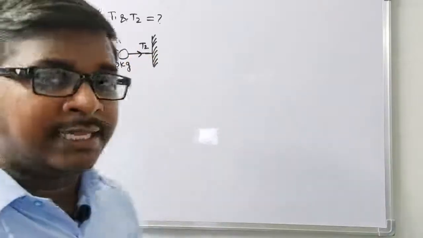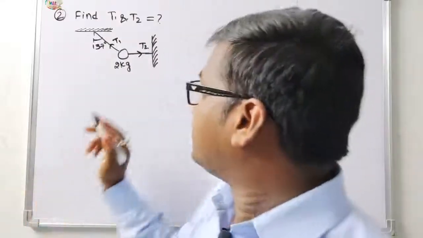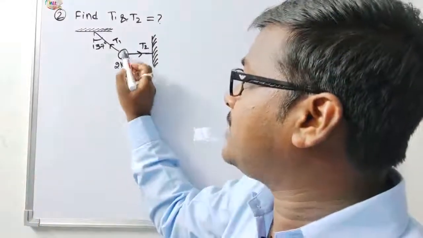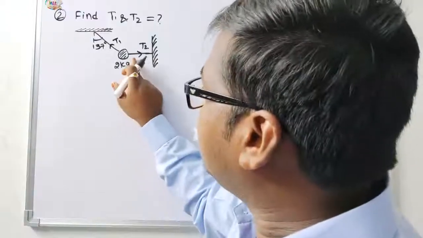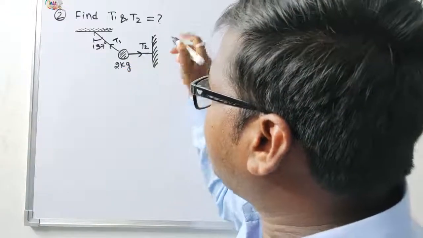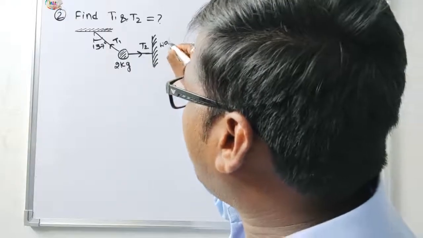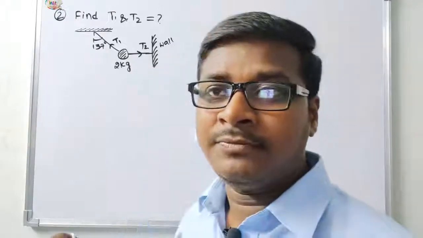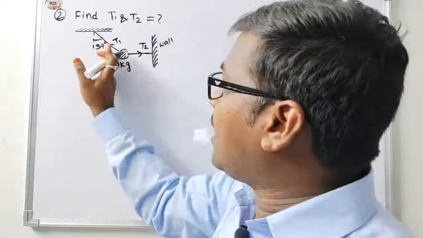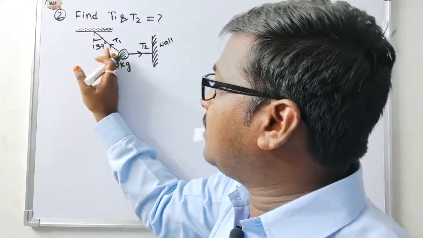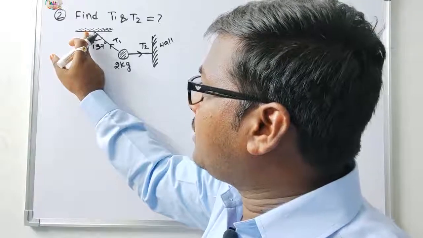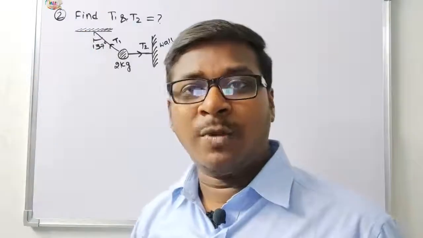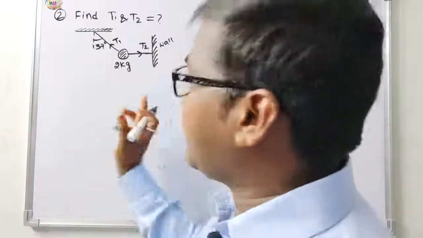Let us take a block of mass m, a 2 kg block, supported by a wall on one side, and the other end supported by the roof.